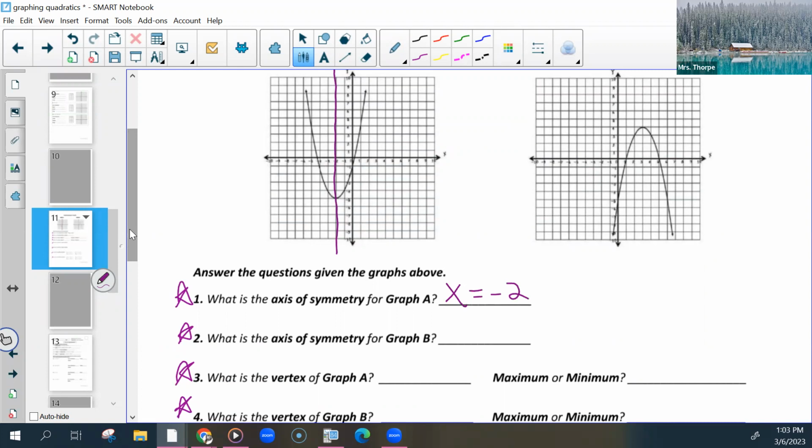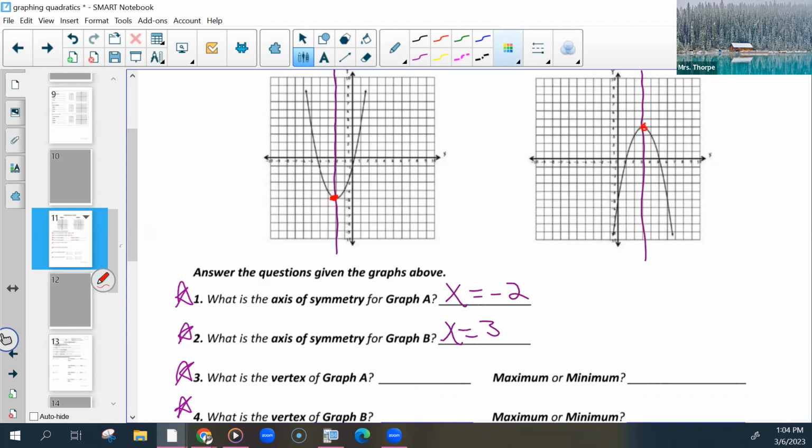What would your axis of symmetry be for graph B? 3. So x equals 3. Then remember that your vertex falls on your axis of symmetry, either the lowest or highest point.